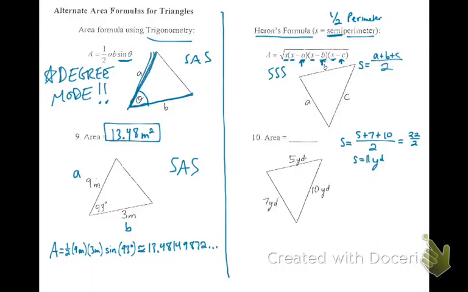Now if I plug this into the formula, I'm going to have yards times yards times yards times yards, so I will end up with yards to the 4th. And when we take the square root of yards to the 4th, that gives you yards squared. So let's not worry about the yards in the formula substitution for this problem.